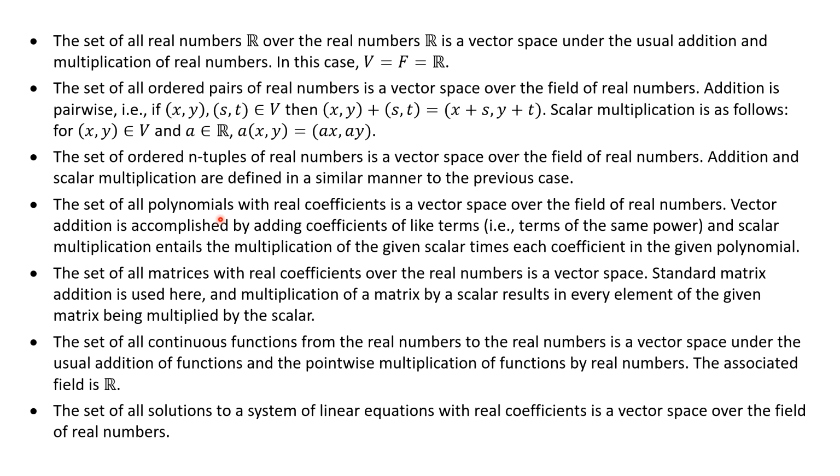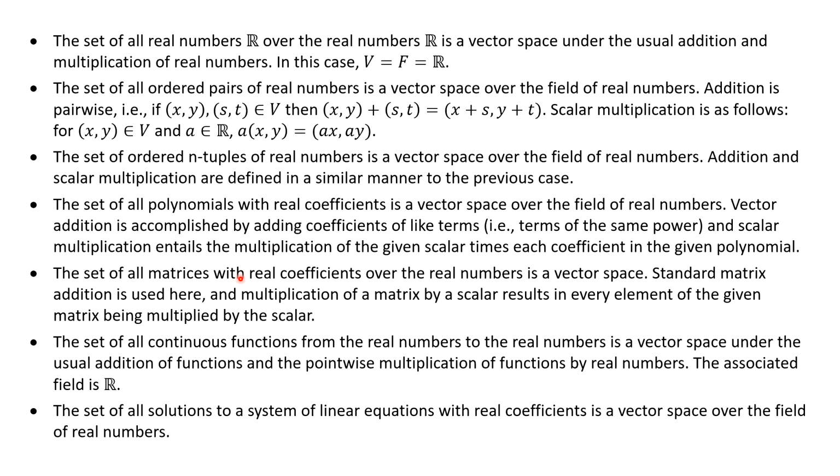The set of all polynomials with real coefficients is a vector space over the field of real numbers. Vector addition is accomplished by adding coefficients of like terms, i.e. terms of the same power, and scalar multiplication entails the multiplication of a given scalar times each coefficient in the given polynomial. So it's very similar to this previous example here.